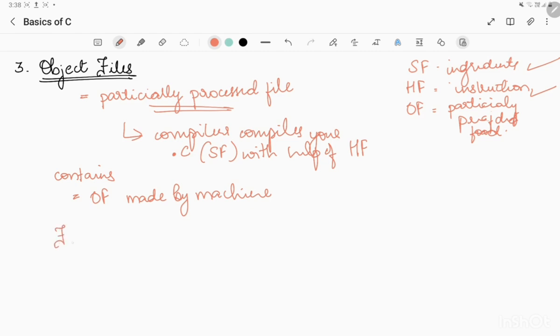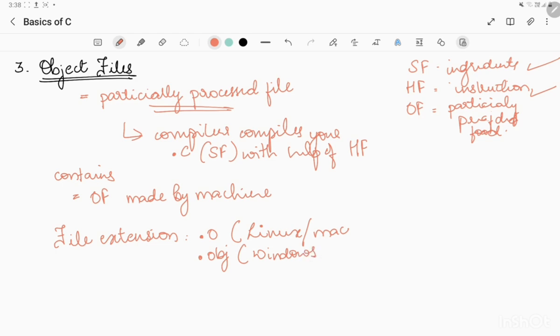This also has a file extension. All right. This has two types of file extension: .o for Linux or Mac and .obj for Windows.